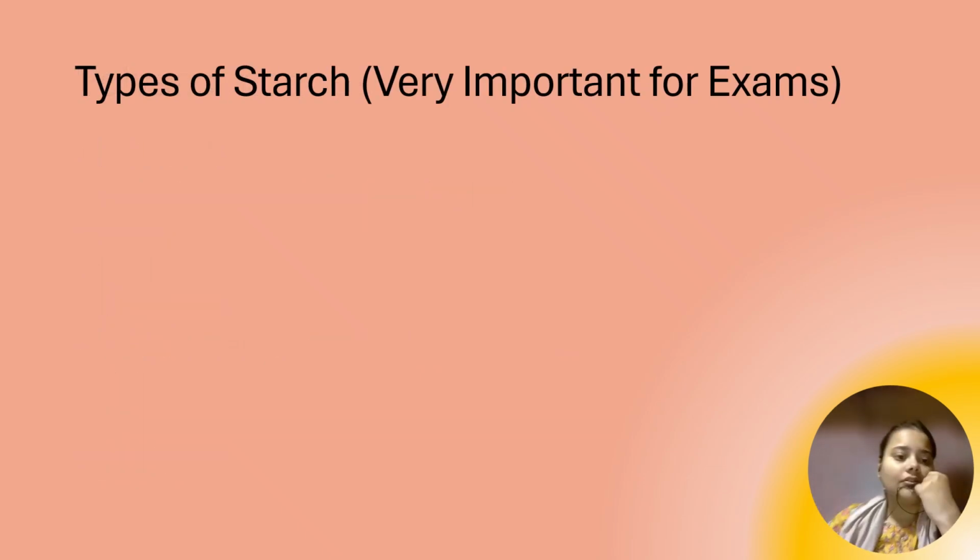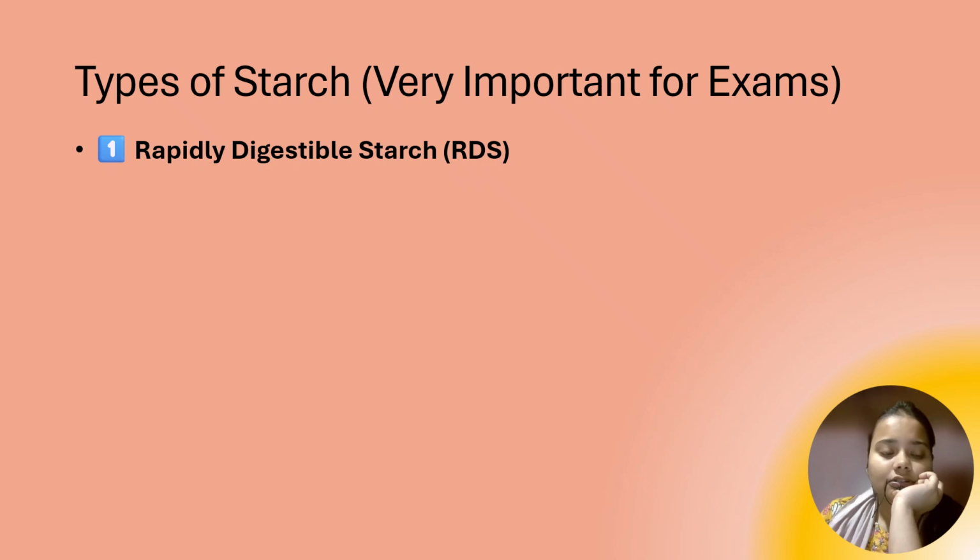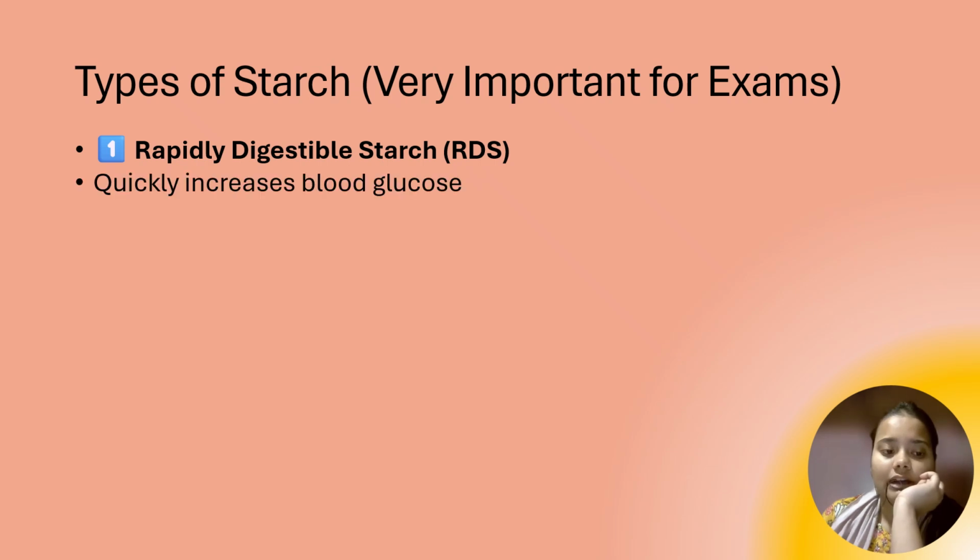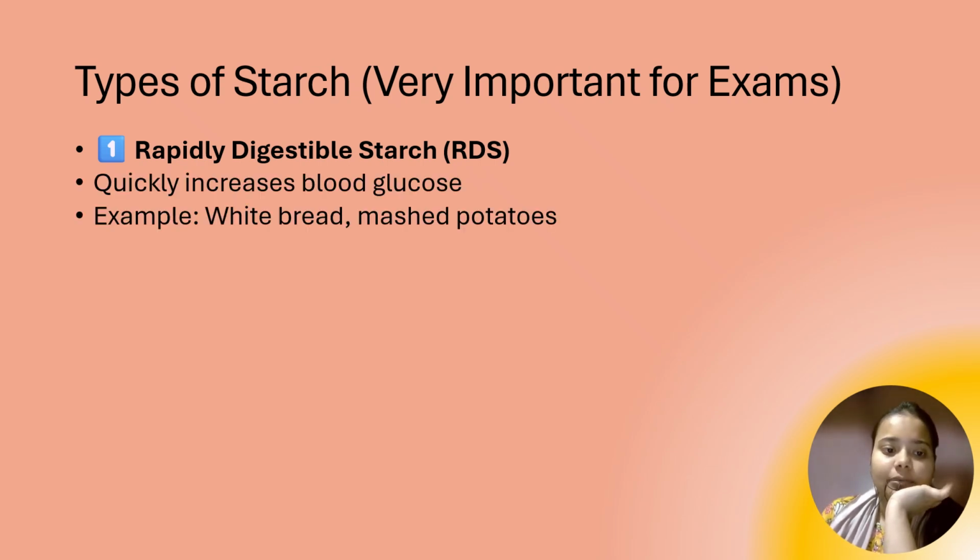Now there are types of starch, and that is very important for the exam. First is rapidly digestible starch, known as RDS, which quickly increases the blood glucose. For example, white grain and mashed potato have RDS. Remember this.